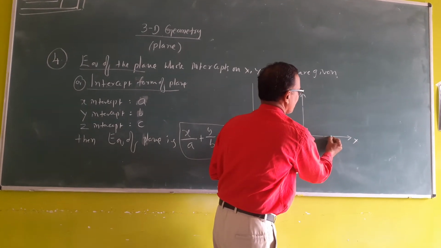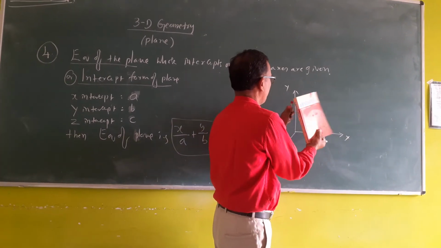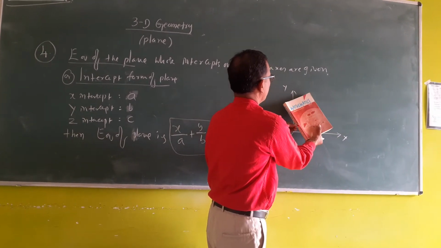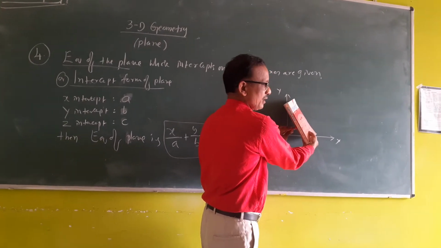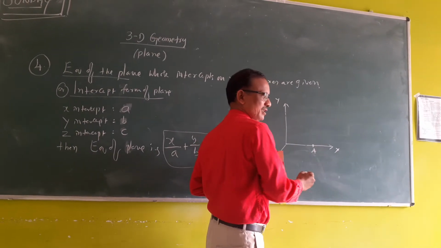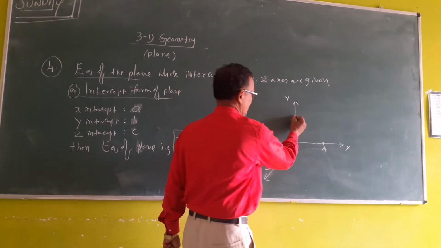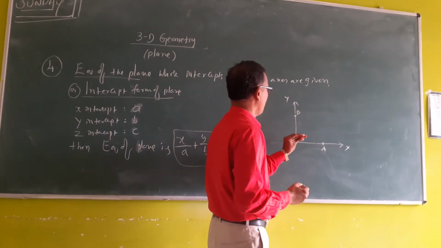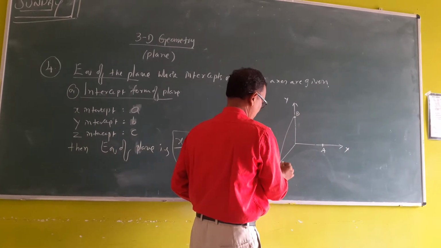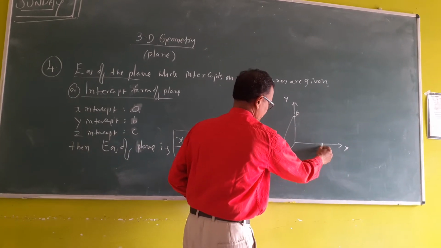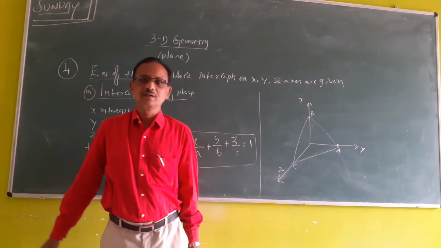This plane is intersecting the x-axis at a, the y-axis at b, and the z-axis at c. So the plane is passing through like this.